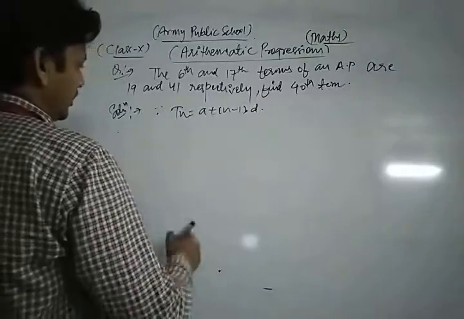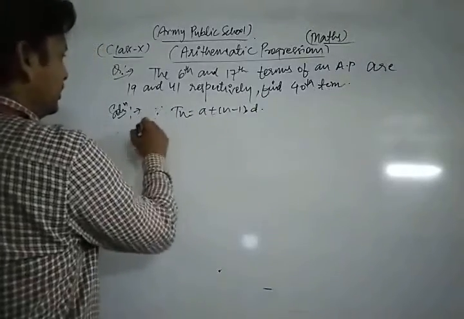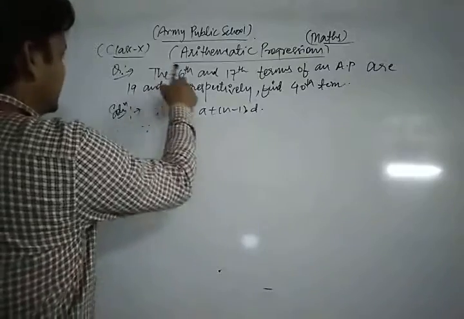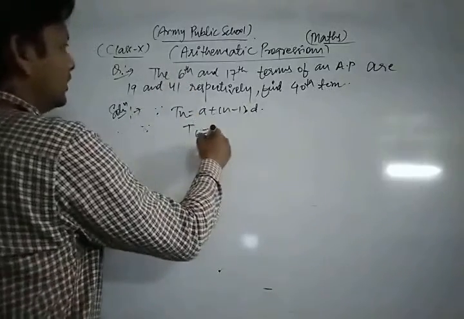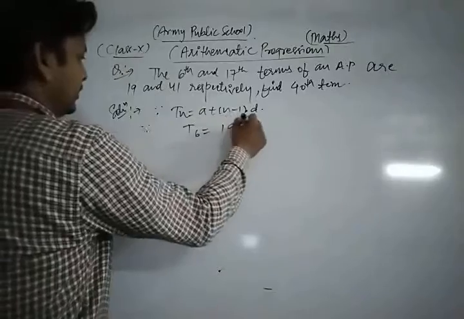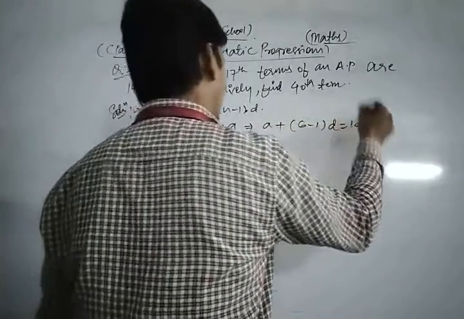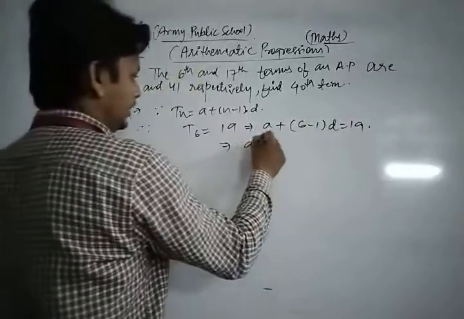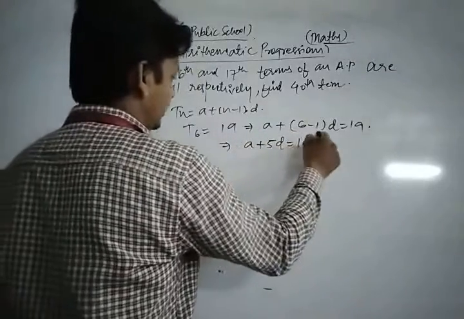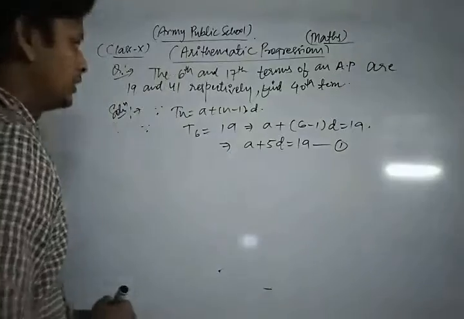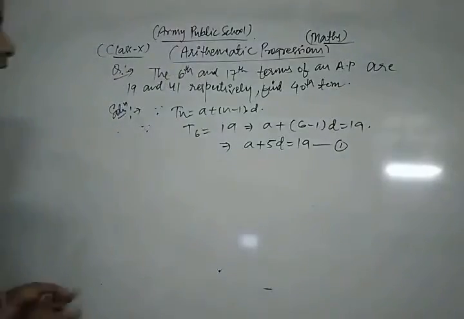Okay, since here the sixth term T6 is equal to what? 19. So that is A plus 6 minus 1 into D is equal to 19, that is A plus 5D is equal to 19. Take this as equation number 1. Sixth term of the given AP is 19.